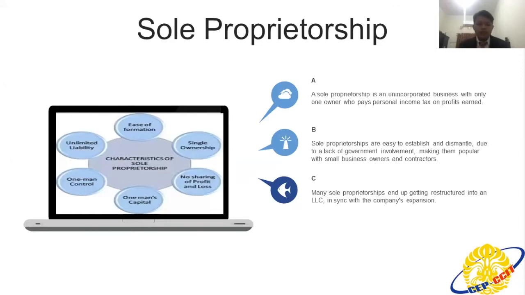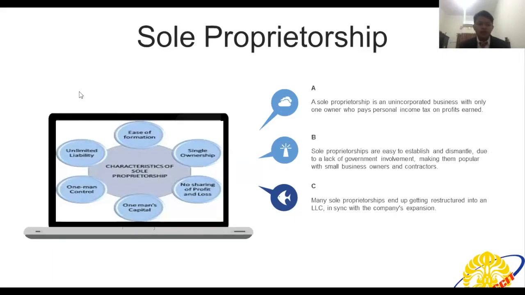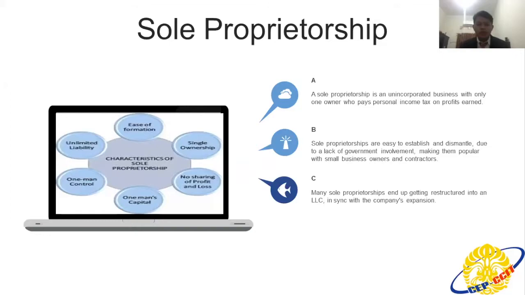As such, this type of business is very popular among sole business owners, individual self-contractors, and consultants. Many sole proprietors do business under their own names because creating a separate business or trade name is not necessarily needed.